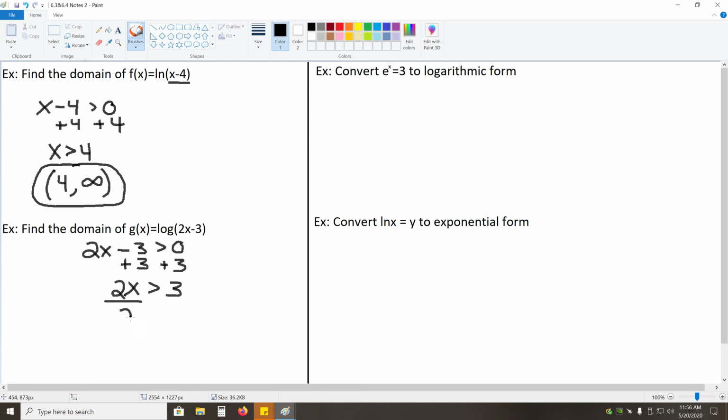We'll divide each side by 2, which gives us x is greater than 3/2. So we say the solution is 3/2 to positive infinity, since x has to be greater than 3/2.